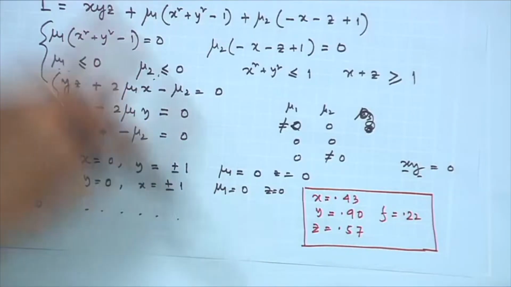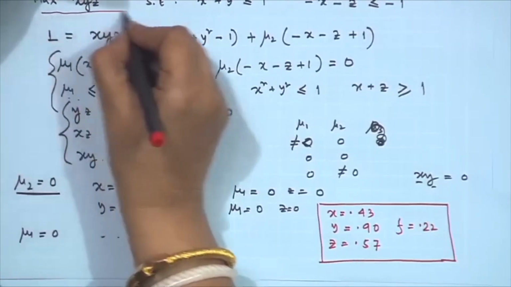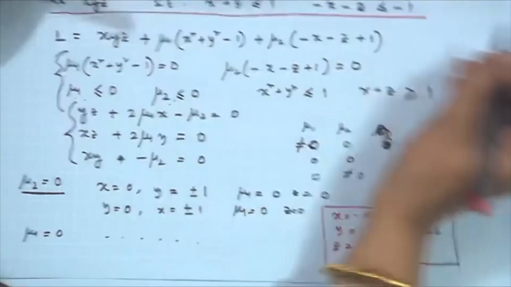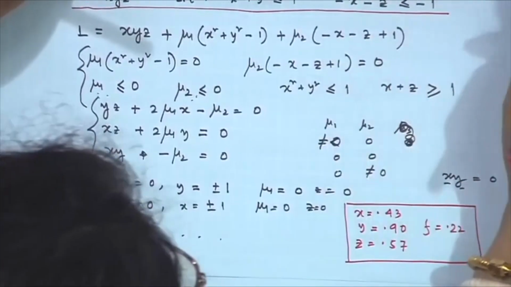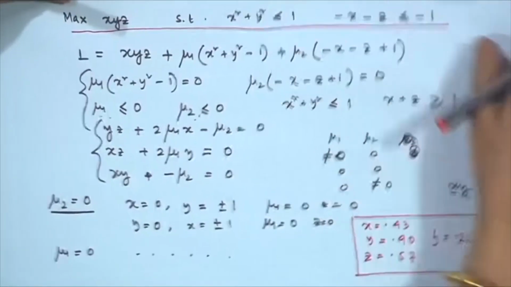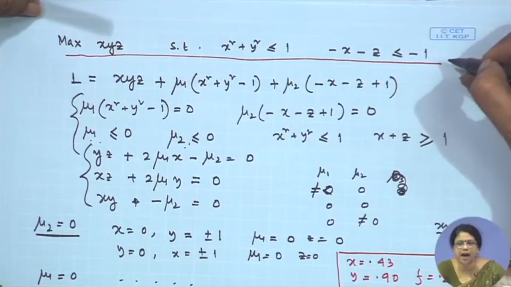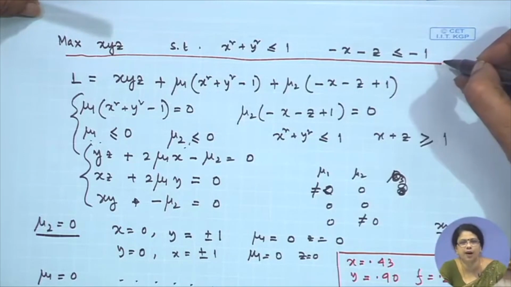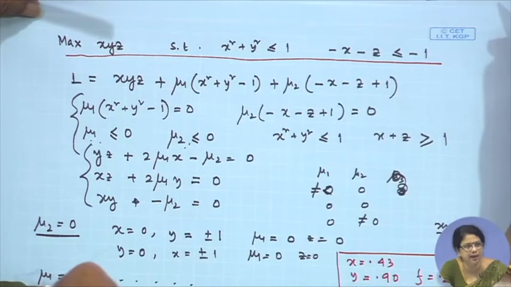But for the original problem there is no non-negativity condition on the decision variables. That condition has not been imposed here. That is why we can say that x, y and z are all free variables, and we may consider it that way as well.